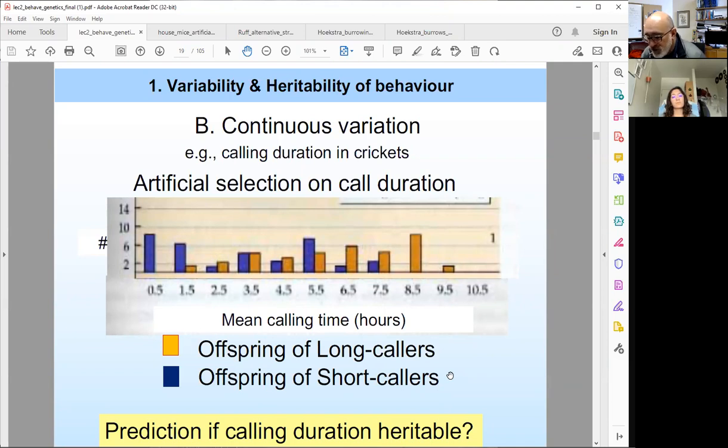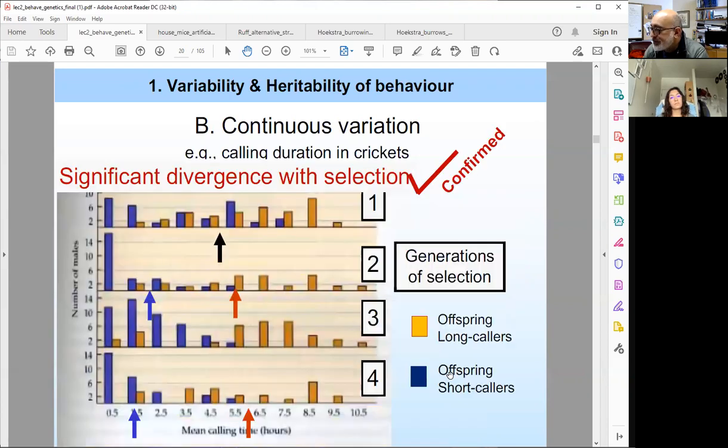If you're able to do this kind of artificial selection experiment where you can get the extremes of these populations to breed and pass on those traits to their offspring, then you can produce, in this case, two separate lines of crickets, one producing very short calls and one producing very long calls. And that's what this is doing here.